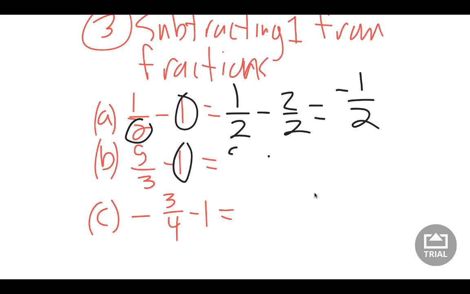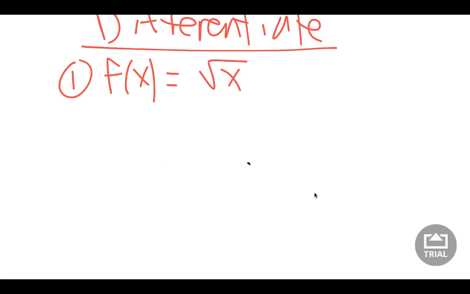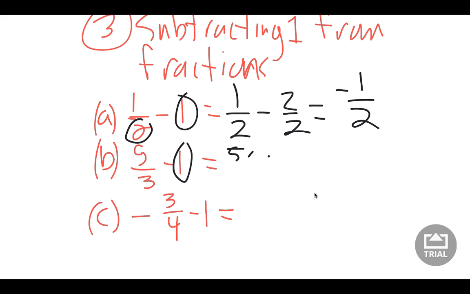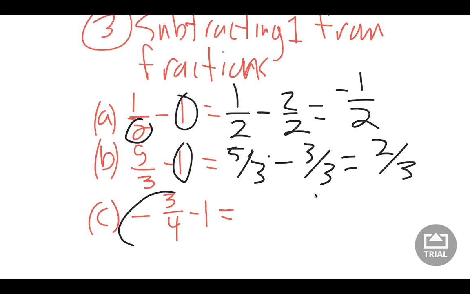So again, represent this number here with the same denominator as the other fraction. 5/3 minus 1 then becomes 5 over 3 minus 3 over 3, because 1 can also be 3 over 3. 5 minus 3, subtract the numerators, is 2. The denominator is 3. Okay, the next one, negative 3 over 4 minus 1. I need to represent that 1 with a denominator of 4.